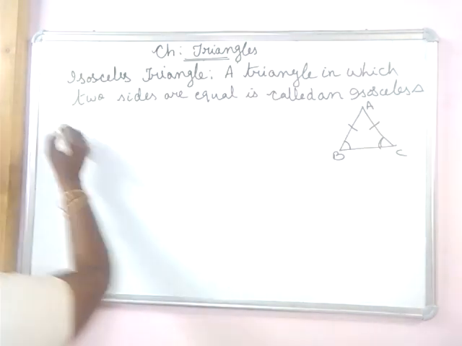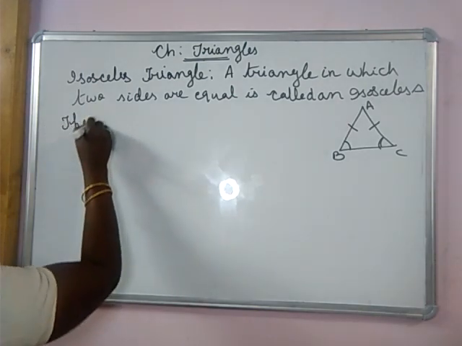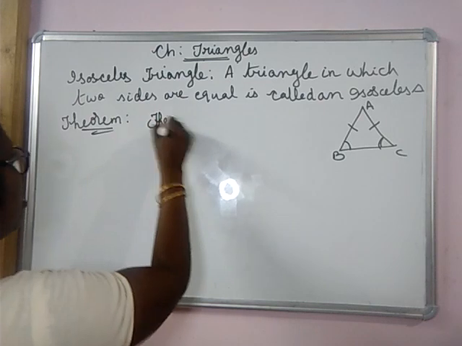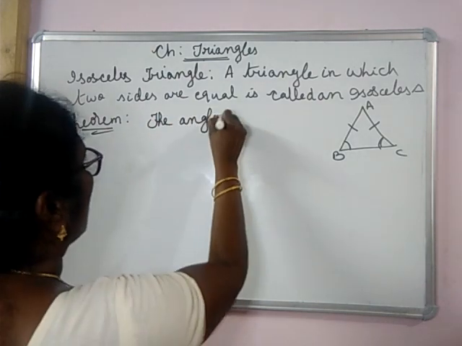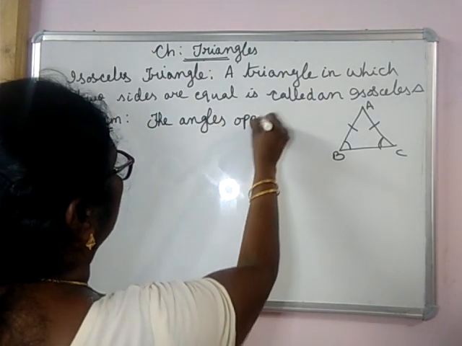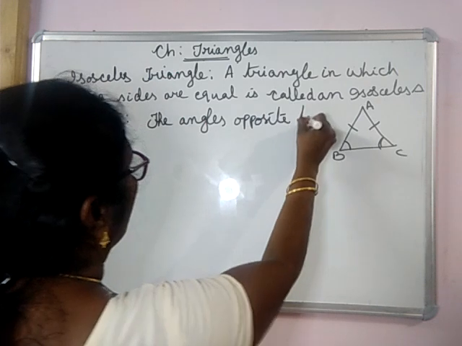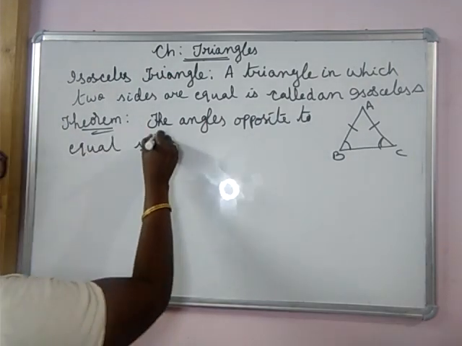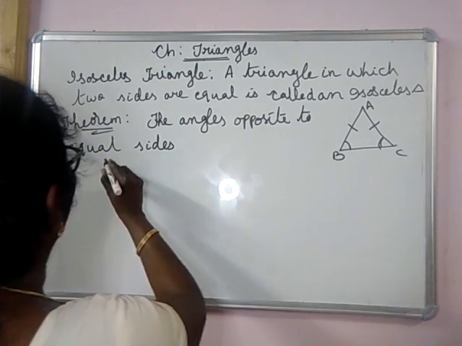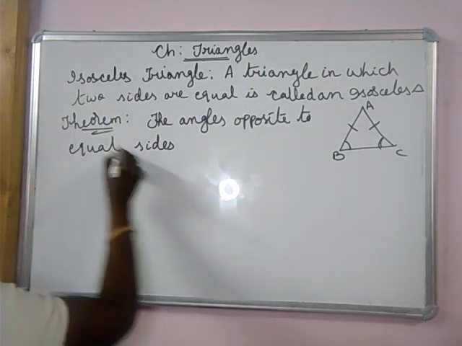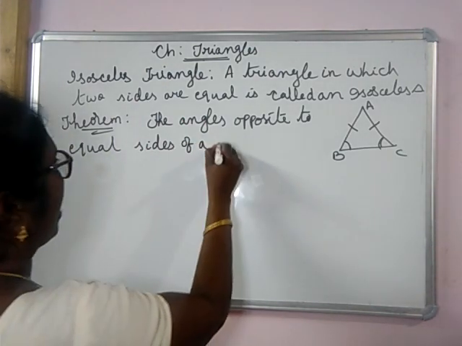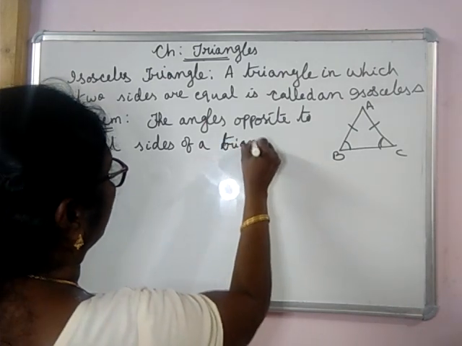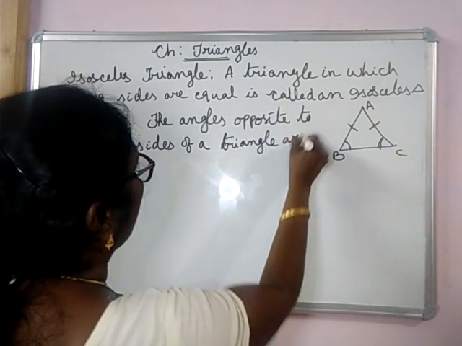So your first theorem here is: the angles opposite to equal sides of a triangle are equal.